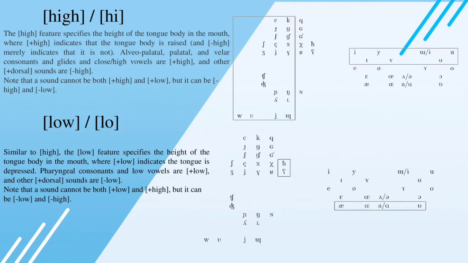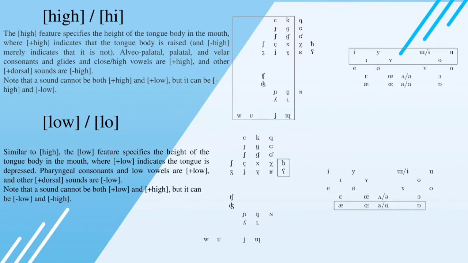Then low. Similar to high, the low feature specifies the height of the tongue body in the mouth, where plus low indicates the tongue is depressed. Note that a sound cannot be both plus low and plus high, but it can be minus low and minus high.